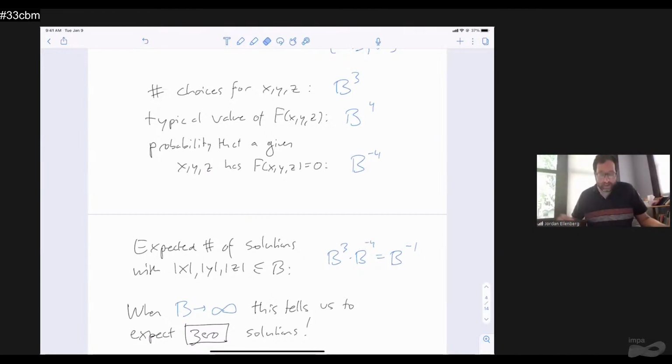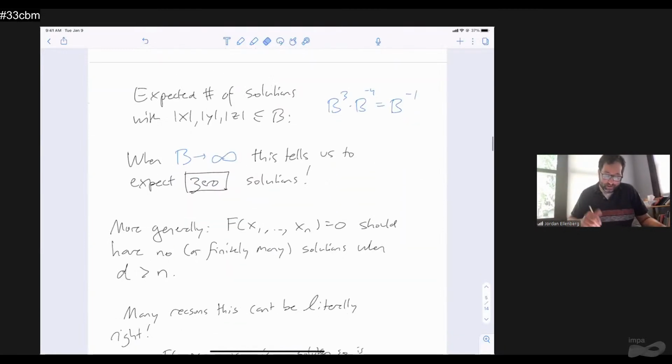So you could use the exact same heuristic reasoning to say that an equation whose degree is higher than its number of variables would have, let's say, finitely many solutions. And of course, now I mean always in the sense of solutions up to scaling.